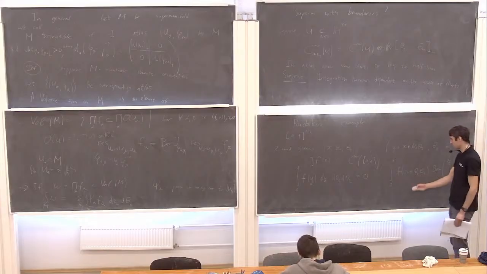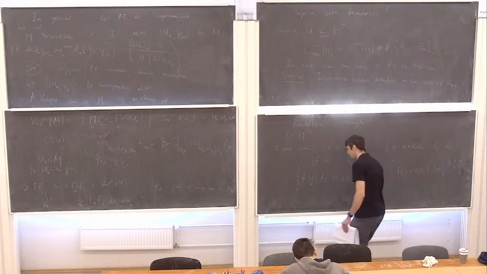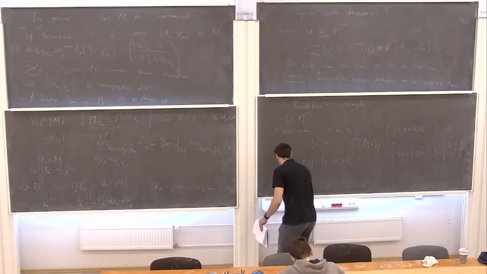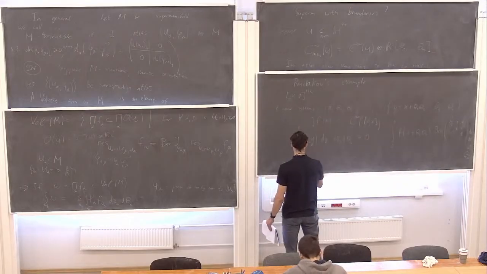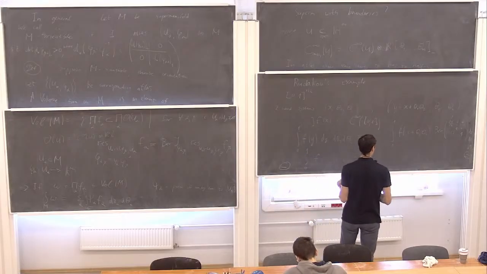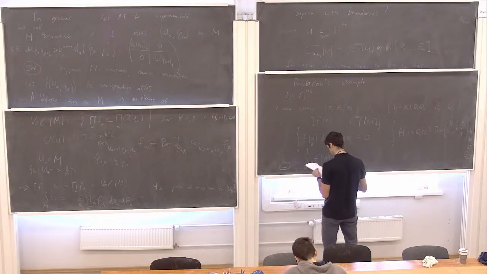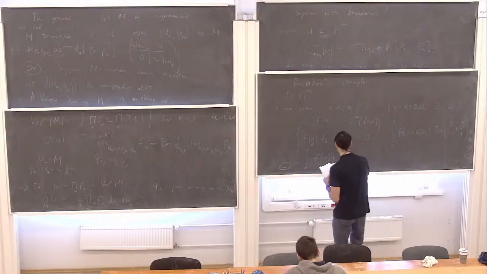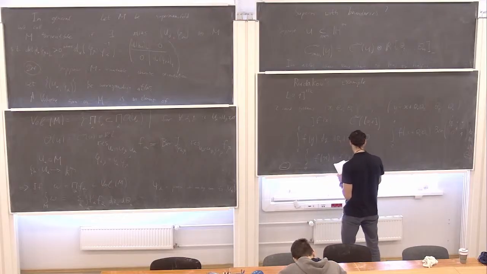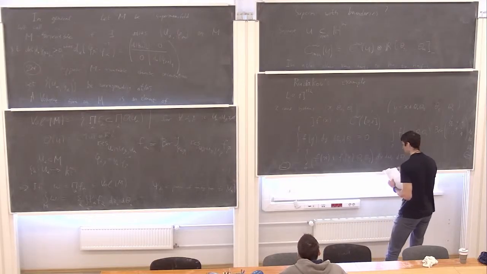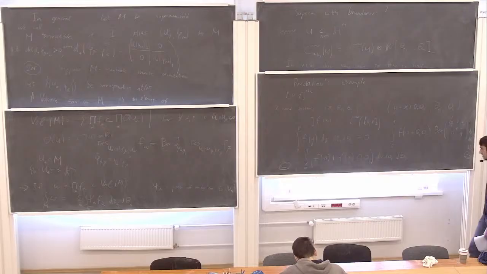Okay, in this one we need to change variable, and we know how to do that. So I just continue. So this equals the integral from 0 to 1 of f of x plus f prime of x times theta 1, theta 2, dx, d theta 1, d theta 2.